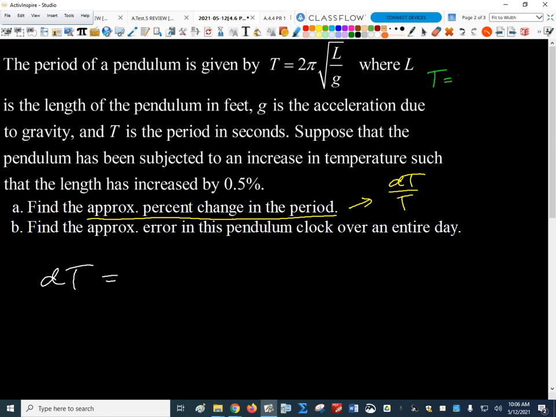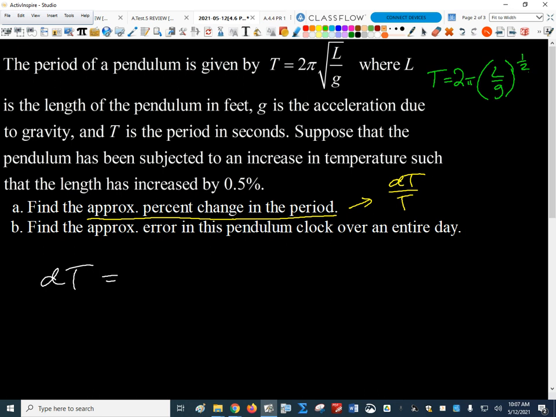How could I rewrite this in a way that's derivative friendly here? I mean, I could write it as T of L, but how could I rewrite the square root in a way that's going to be derivative friendly? 1/2 power. So I've got 2 pi times the quantity L over g to the 1/2. Okay.